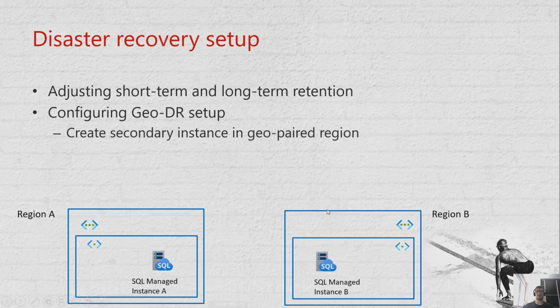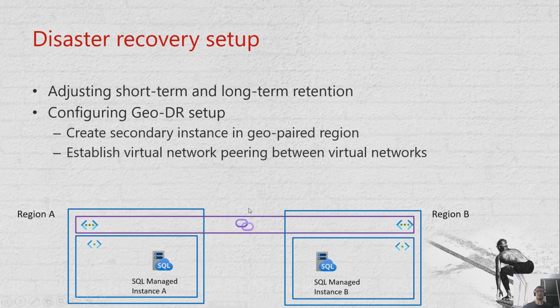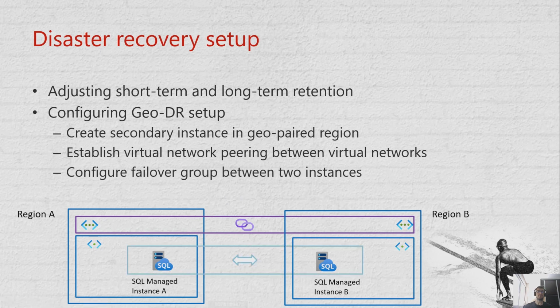So you create a secondary instance in a geo-paired region and you have two instances, instance A and instance B. Then you establish virtual network peering between the virtual networks hosting those instances, or you can connect those VNets some other way, like using gateways.